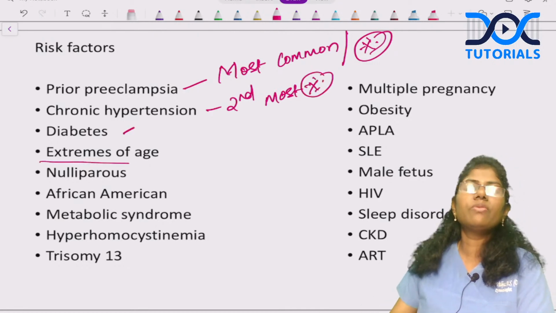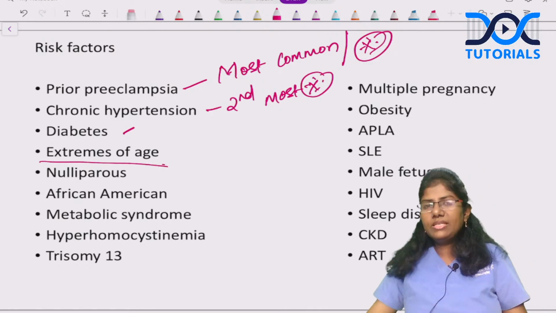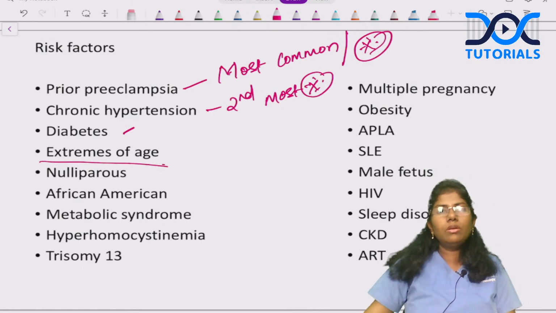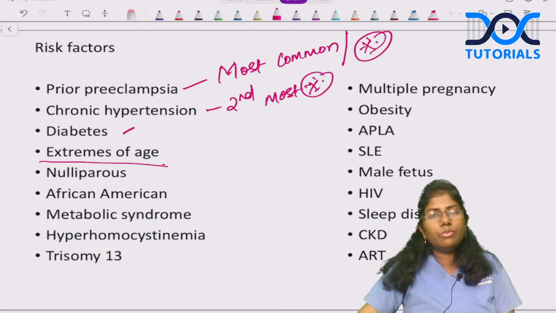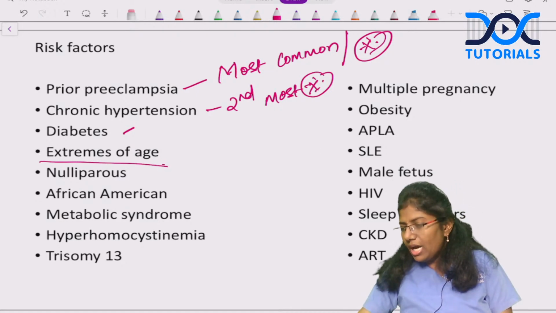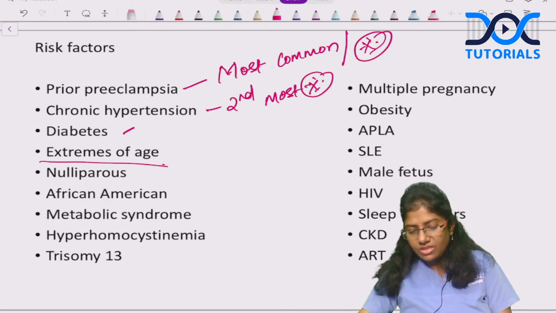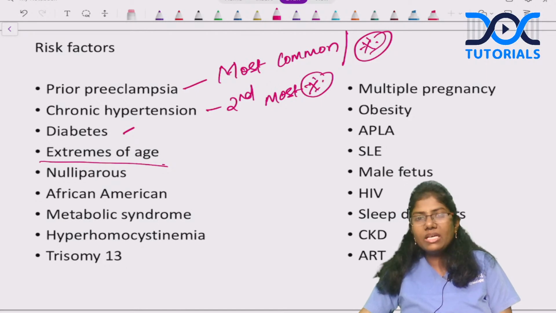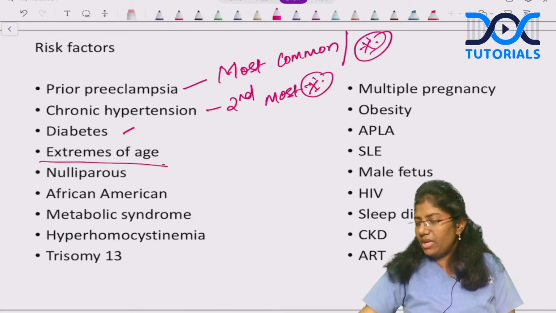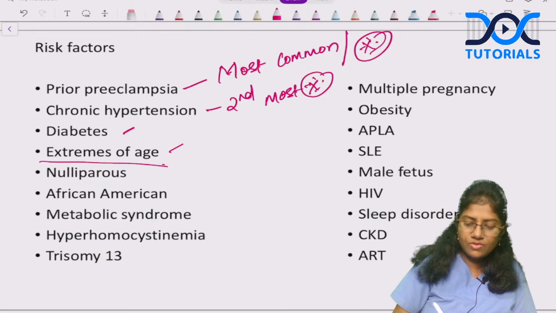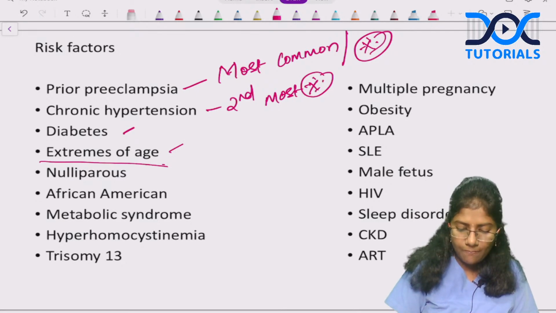Age, extremes of age. Who is at risk, young woman or elderly woman? Yes, both very young as well as old. Extremes of age is at risk for preeclampsia.